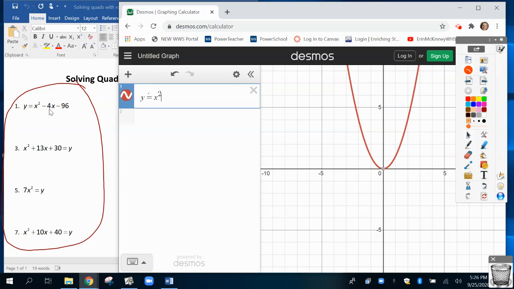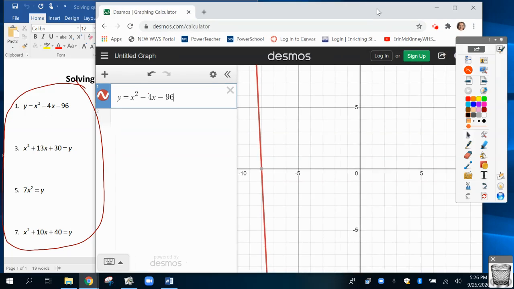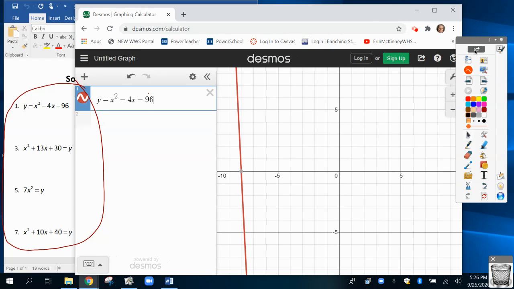I'm going to press my right arrow to get out of the exponent. Then I'm going to put minus 4x minus 96. All I did was type that equation in.